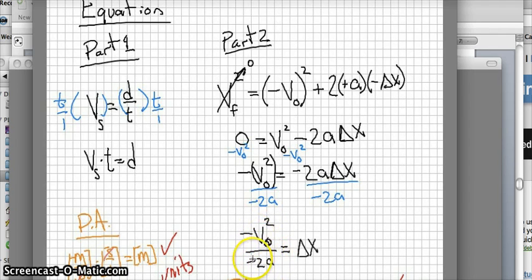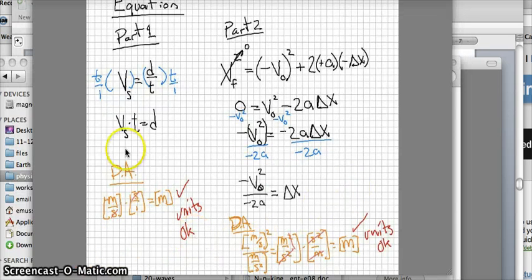Now, of course, you should know that these negatives cancel out. We are now ready to put some numbers in. Although before we really do that, we always should check our units. And of course, they do work out in this case. And again, here's my work for that. Let's go over and put the numbers in and see what we end up with.